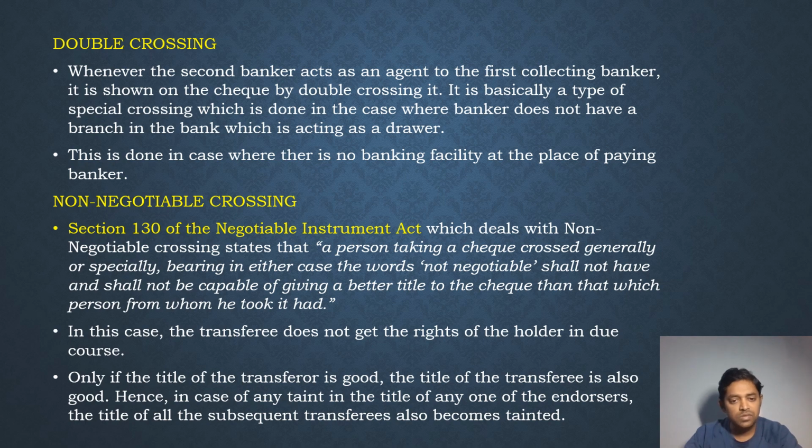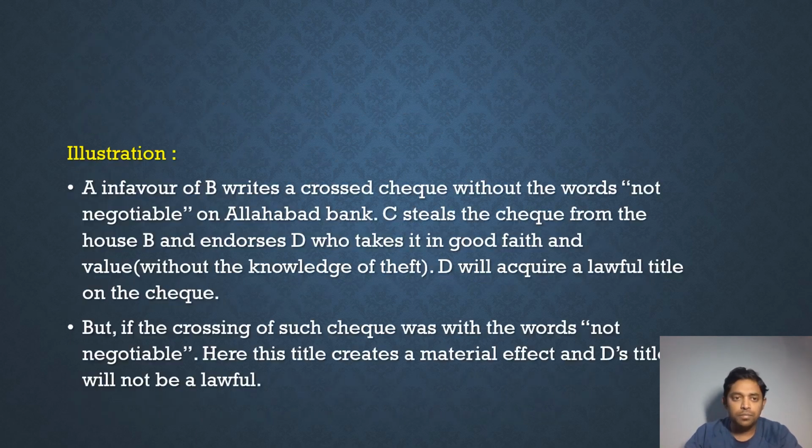In this case, the transferee does not get the rights of a holder in due course. Only if the title of the transferor is good is the title of the transferee also good. Hence, in case of any taint in the title of any one of the endorsers, the titles of all the subsequent transferees also become tainted.